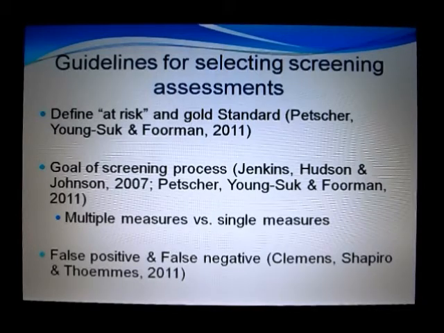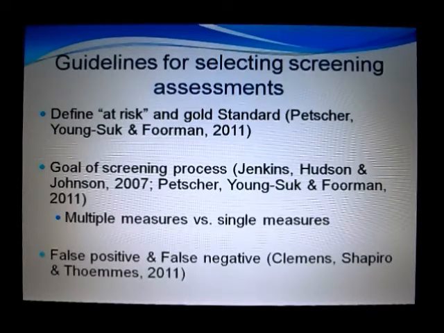Or multiple measures can also mean that instead of just giving a DIBELS assessment and looking sheerly at their nonsense word score, you look at their nonsense word score, their letter naming fluency, or their phoneme segmentation fluency, versus a single measure, which is where you would do just one. So you're only going to look at their nonsense word fluency.